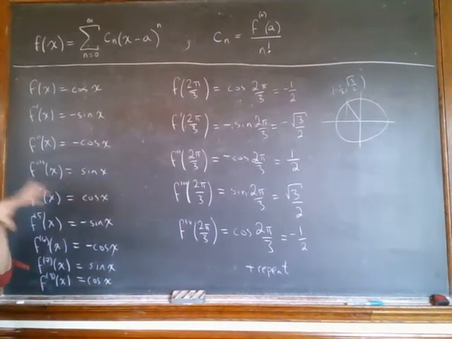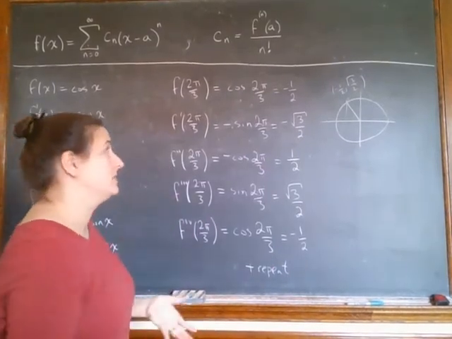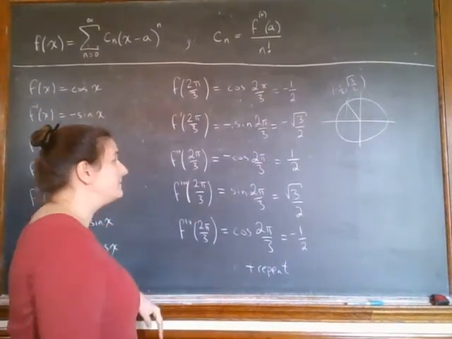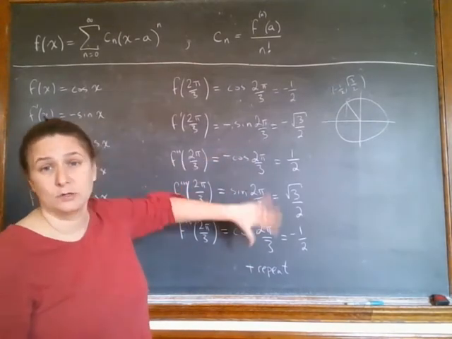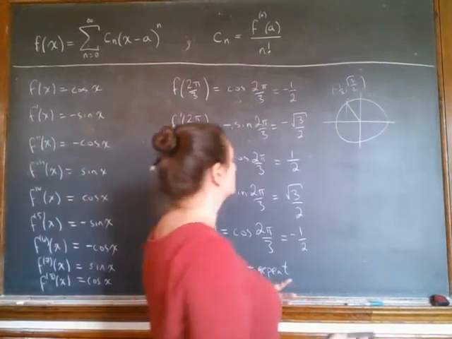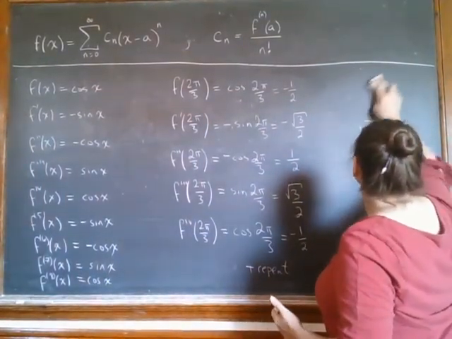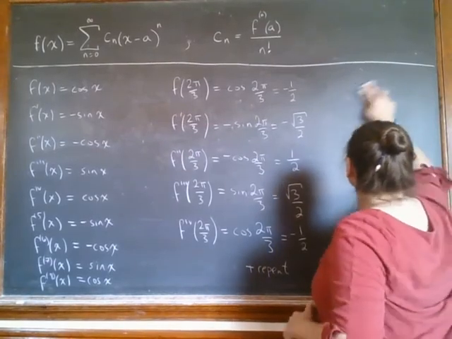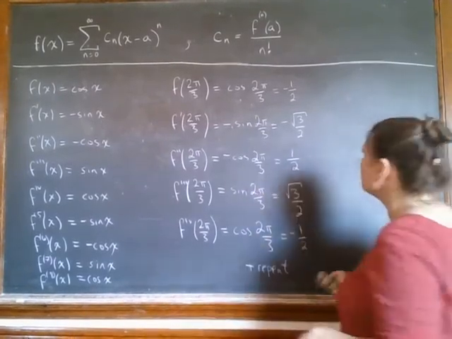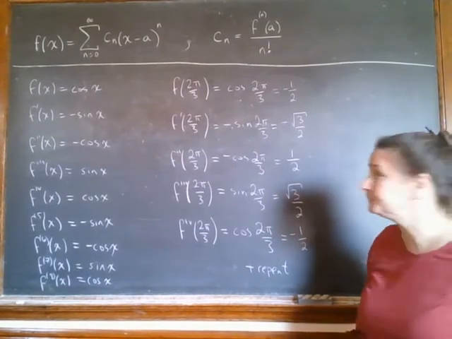So, because I'm not around 0 or pi over 2, I'm no longer getting that my terms are equaling 0 for either the evens or the odds or whatever. I have root 3 over 2, and I got 1/2. So I'm going to end up with a much more complicated form for my final answer.